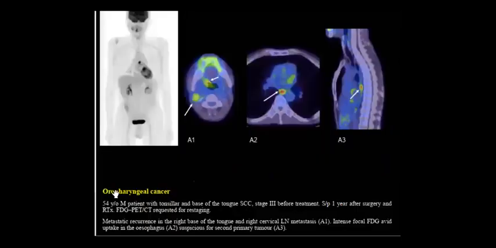It is oropharyngeal cancer, and this patient has a lymph node in the right cervical region, and they put this focus in follow-up because it could be suspicious for a second primary.